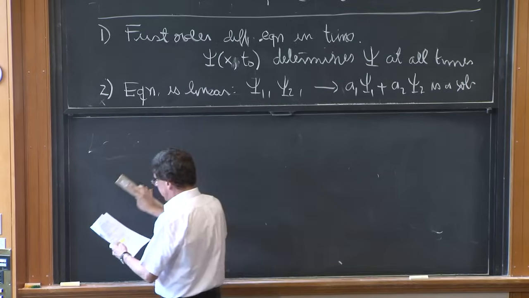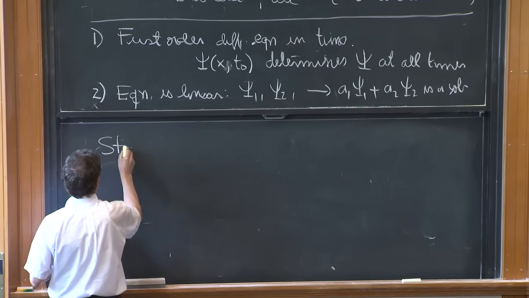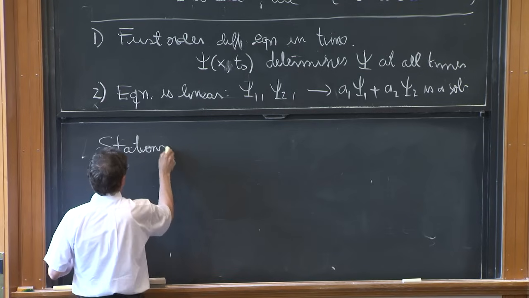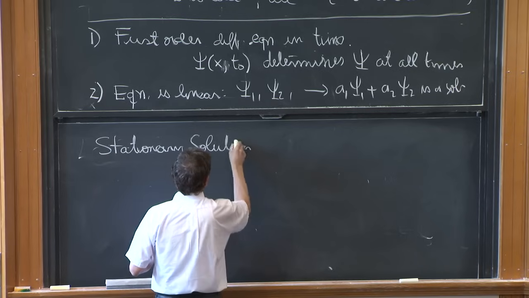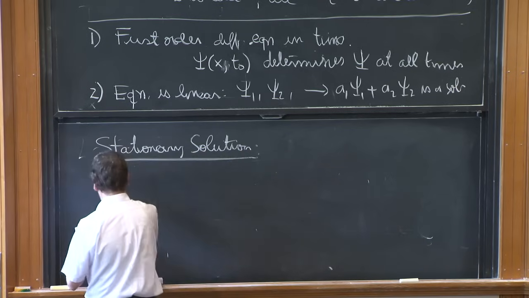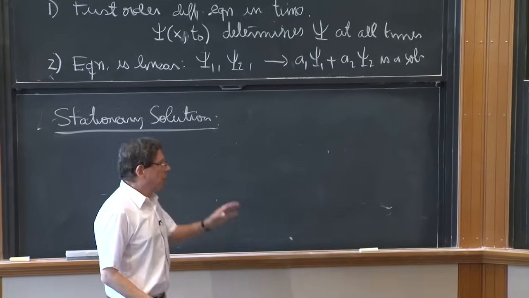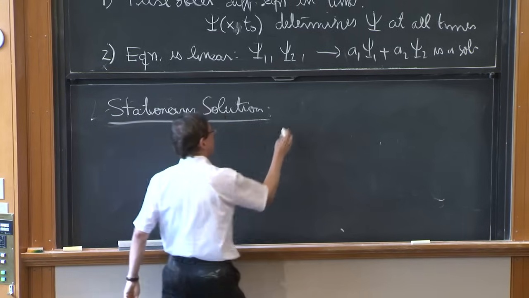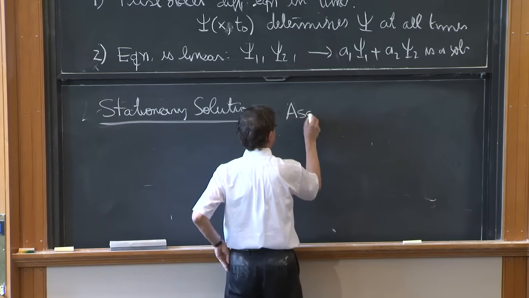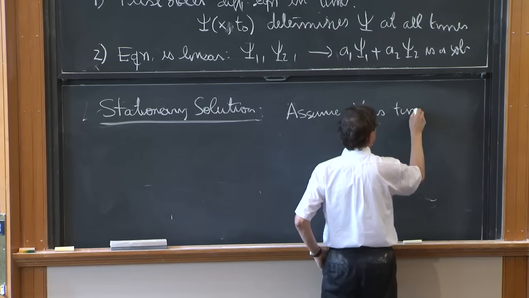Now, I've used the wave function with a capital psi for a purpose, because I want to distinguish it from another psi that we're going to encounter very soon. So stationary solutions, and we'll assume from now on that V is time independent.